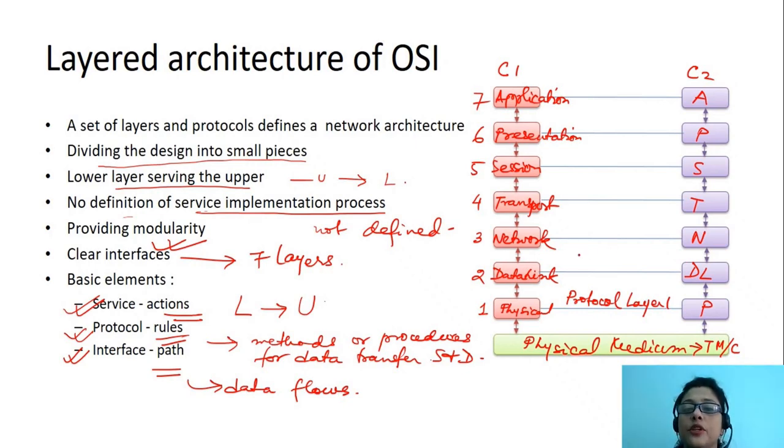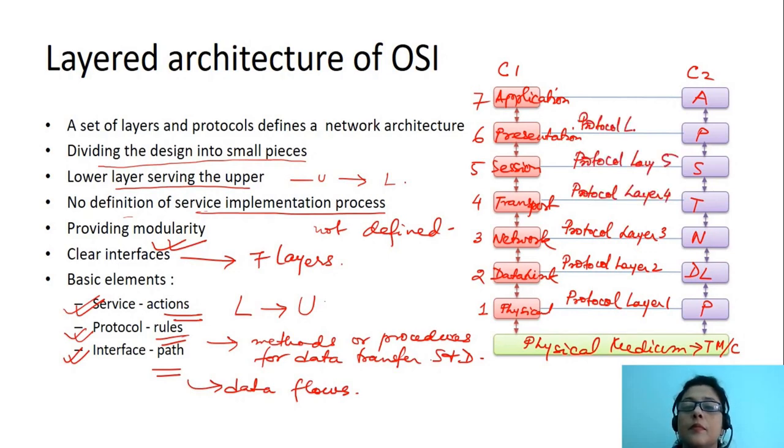Similarly, data link layer of computer 1 must follow protocol of layer 2. Similarly, network layer should follow protocol of layer 3 and so on. So in this way, the physical layer of one computer will be connected to the physical layer of another computer through the protocol layer 1. In this way, all the layers will work independently, having their own functionalities.